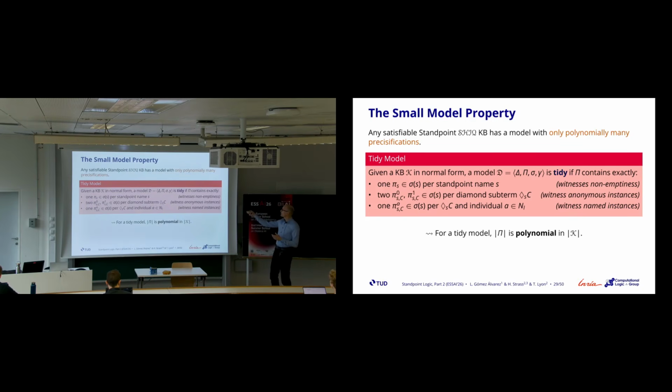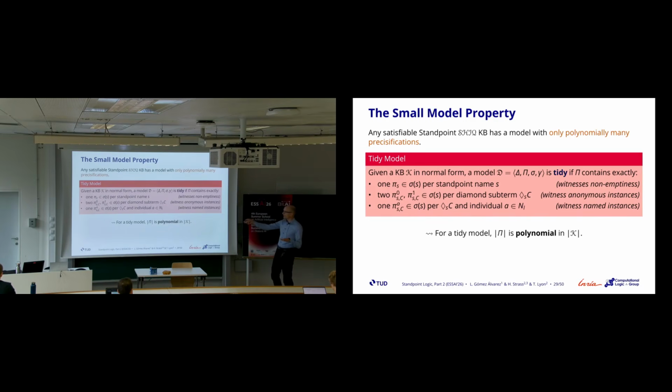These conditions say the precisifications contain exactly, so not more, but also not less. Everything that has to be witnessed must be witnessed. So that's the at least. And then the tidiness intuitively expresses that you don't have any spurious additional precisifications that you don't really need for witnessing something. The only things that are in there witness something that does have to be witnessed.